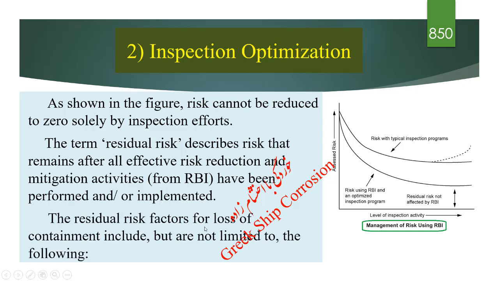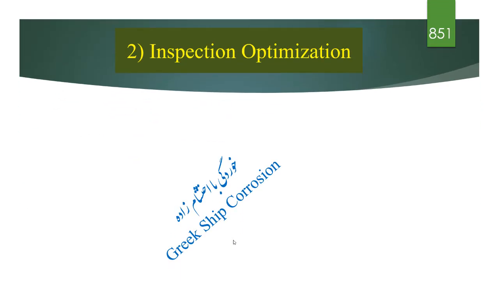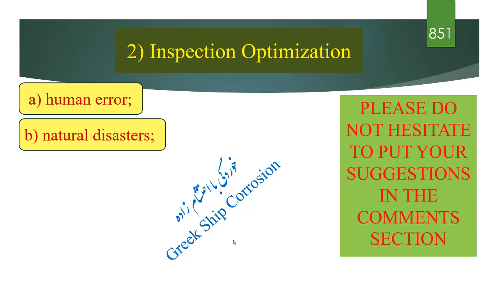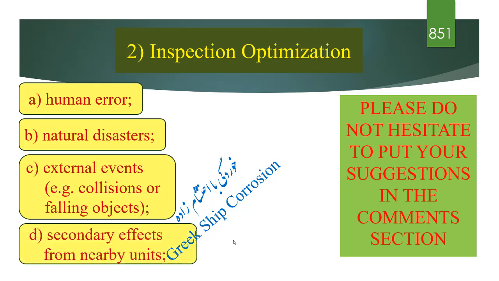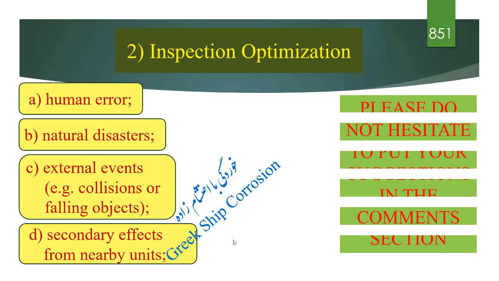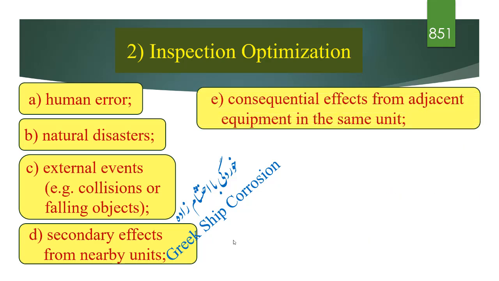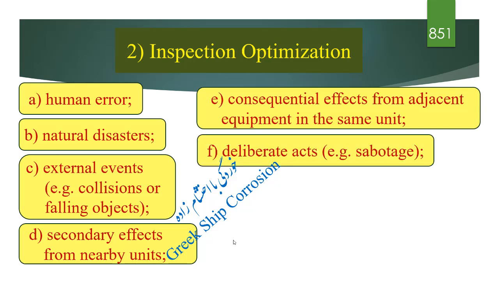The residual risk factors for loss of containment include, but are not limited to, the following. A. Human error. B. Natural disasters. C. External events, for example collisions or falling objects. D. Secondary effects from nearby units. E. Consequential effects from adjacent equipment in the same unit.